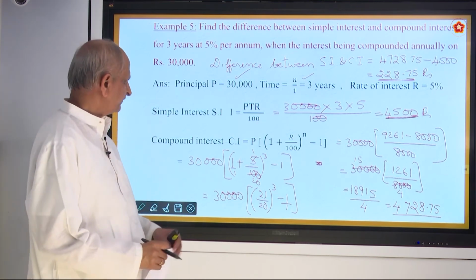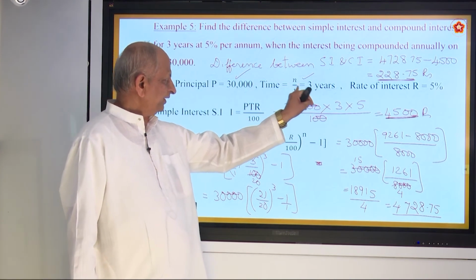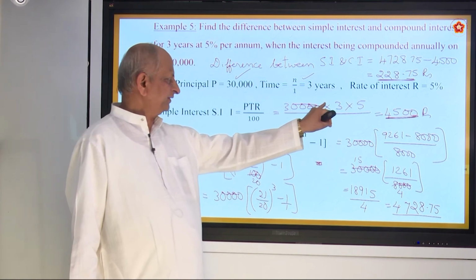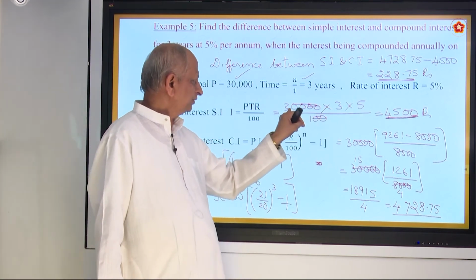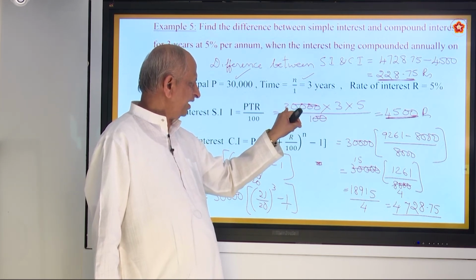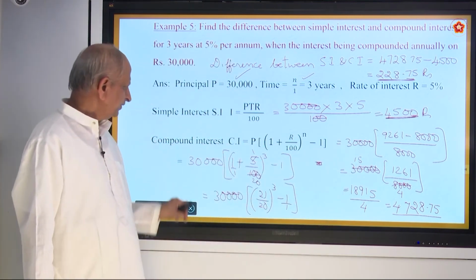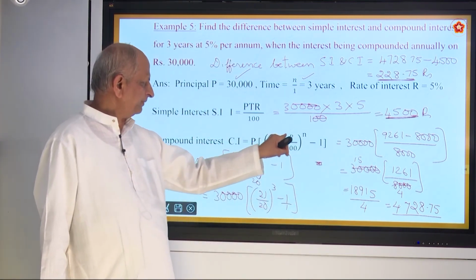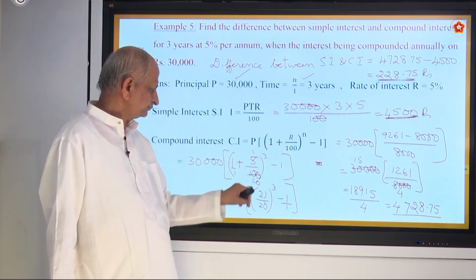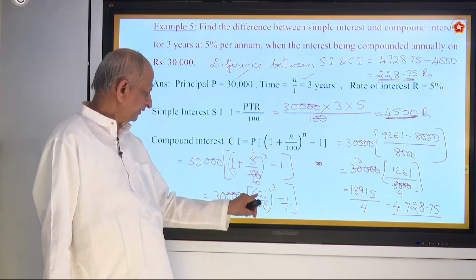Once again, you see, SI, PTR by 100. P is 30,000, T is 3, R is 5. So if you multiply, you get 15 into 300. So 15 3s are 45 plus 2 zeros. CI is equal to P into (1 plus R by 100)^n minus 1. Substitute, R is 5, n is 3. You get 21 here.